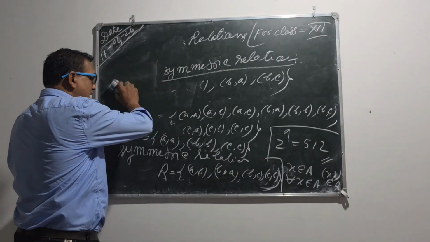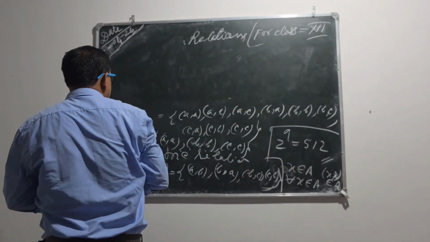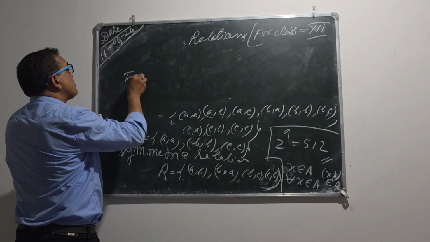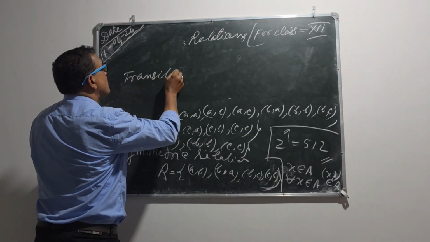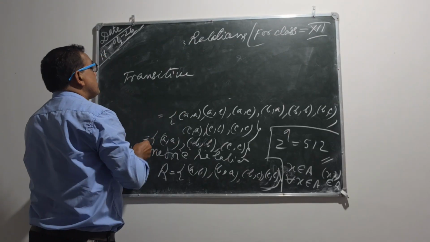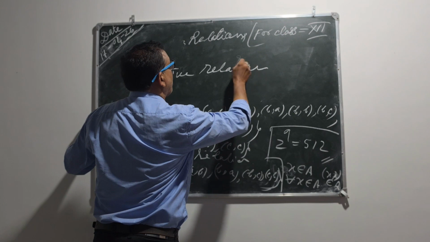So next, transitive relation. What is called a transitive relation?